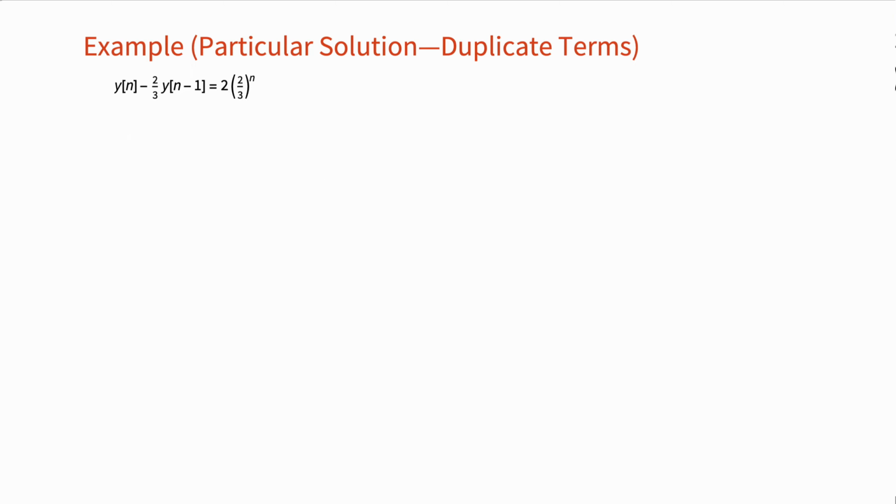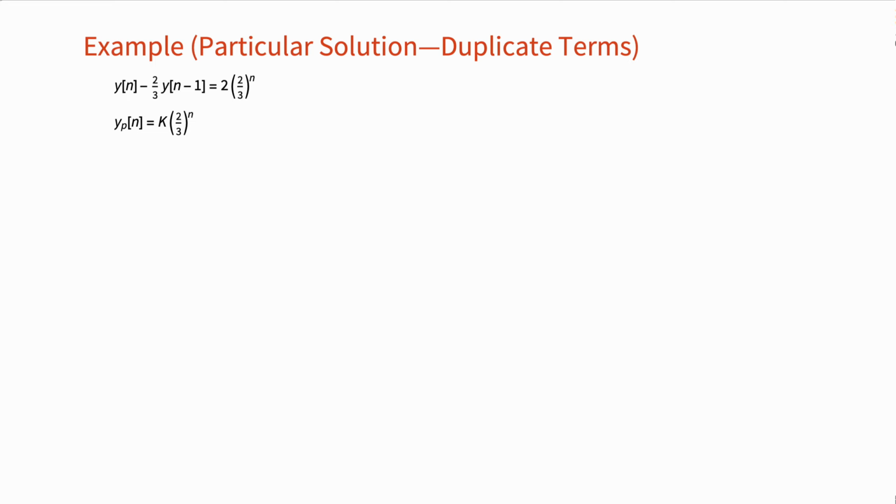Now let's consider the same system with the same difference equation as we just had, but this time with an exponential forcing function, and let's find the particular solution. The particular solution using the method of undetermined coefficients will be an exponential sequence as shown here.